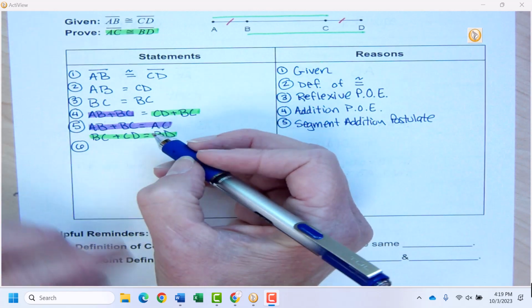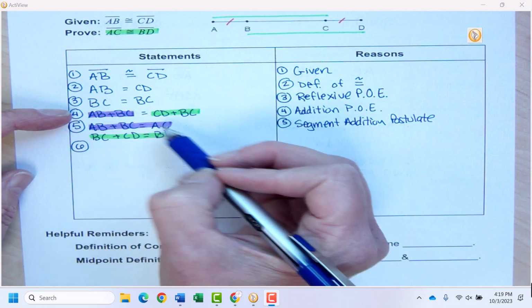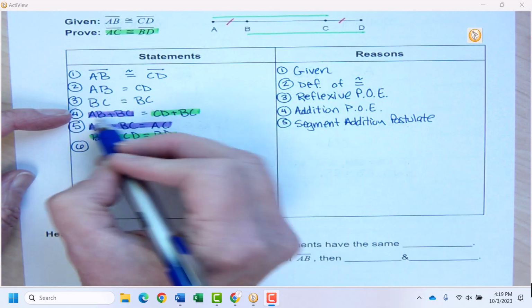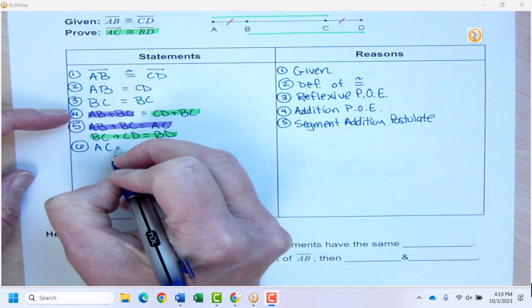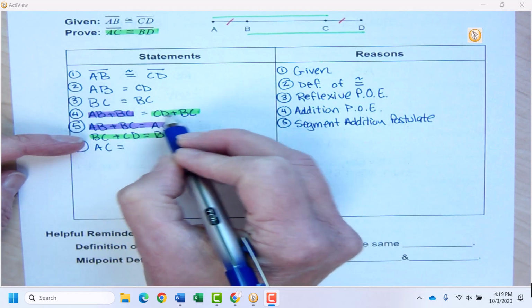So let me go ahead and do some substitution now. I'm going to substitute AC in to this equation, or to this expression. And I'm going to substitute BD in for this expression.